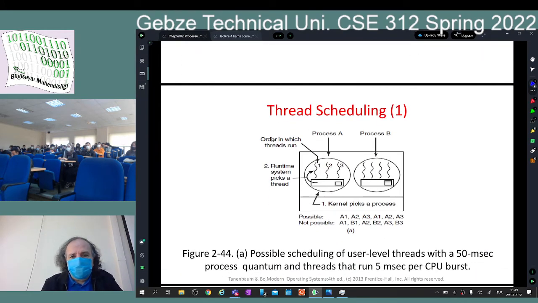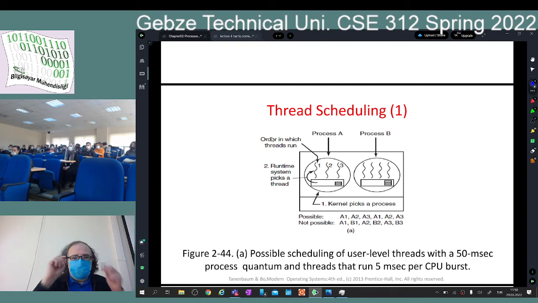At the end of this chapter, we talk about thread scheduling. I mean, we always talk about process scheduling, and we said that whatever we are saying is valid for thread scheduling too. But depending on how you implemented your thread library, if it is a kernel level library or a user level library, your scheduling algorithms might change a little bit.